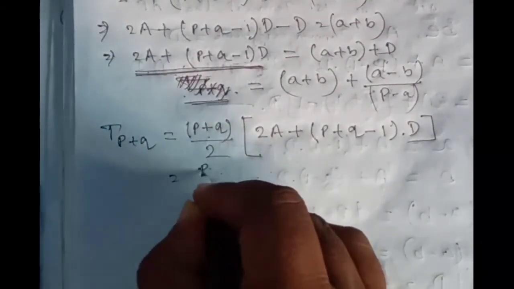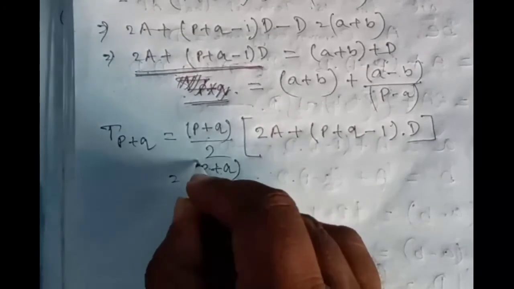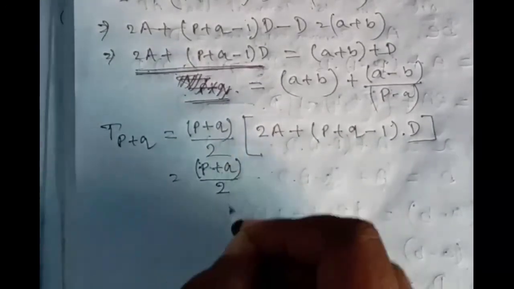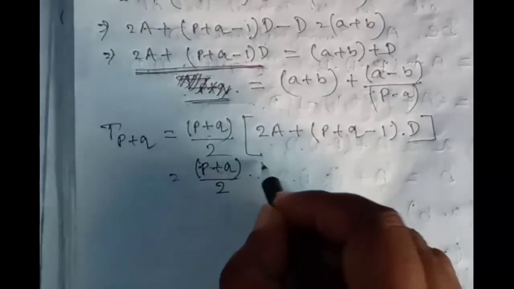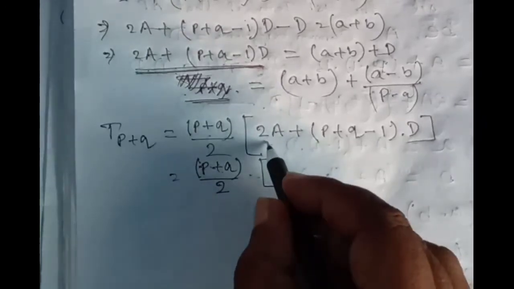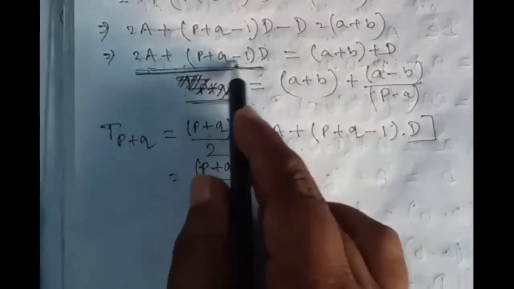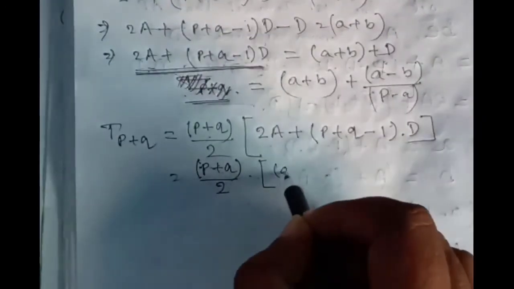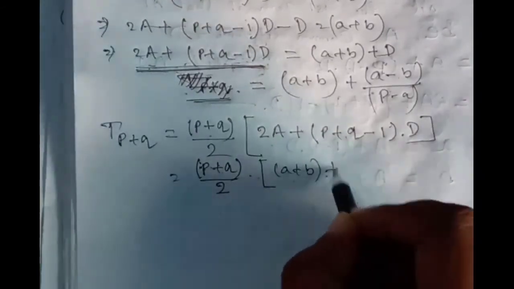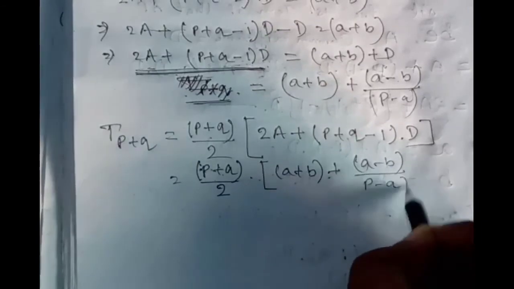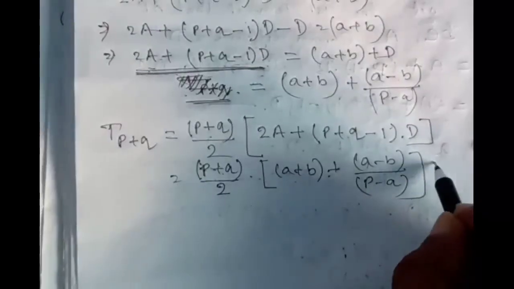That means (p plus q) by 2 into (2A plus (p plus q minus 1) into D), means (a plus b) plus (a minus b) by (p minus q). Proved. This we have to show, okay.